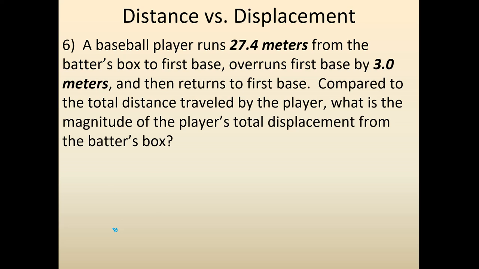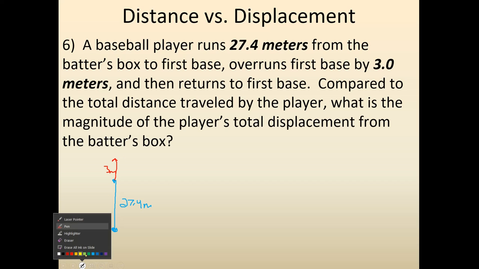So going from home base, or the batter's box, to first base, they said is 27.4 meters. Then he overruns it, which is 3 meters, and then he comes back another 3 meters.